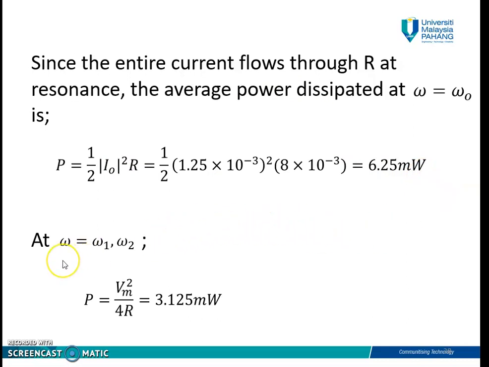At the half power frequencies omega 1 and omega 2, P equals Vm squared divided by 4R, which is 3.125 milliwatt.